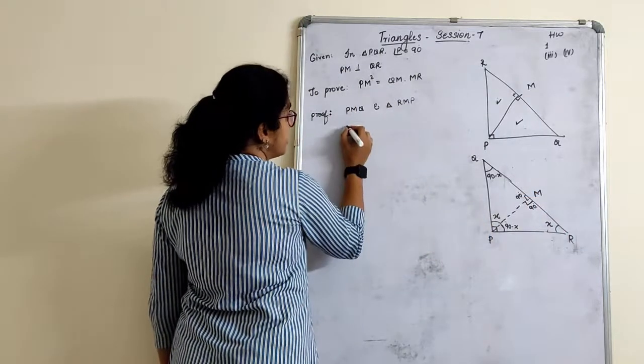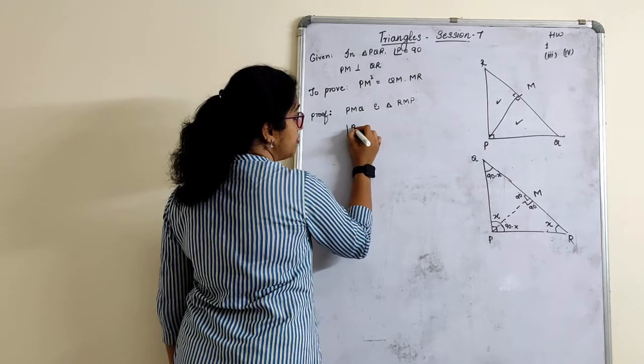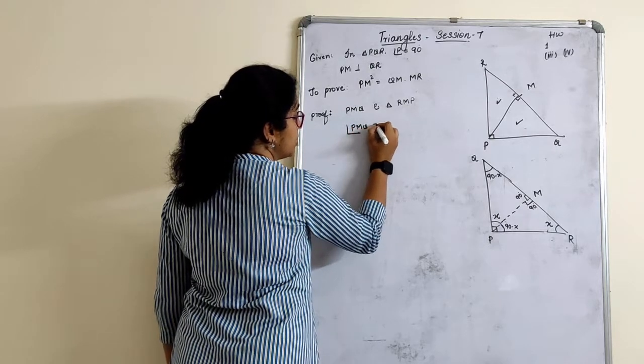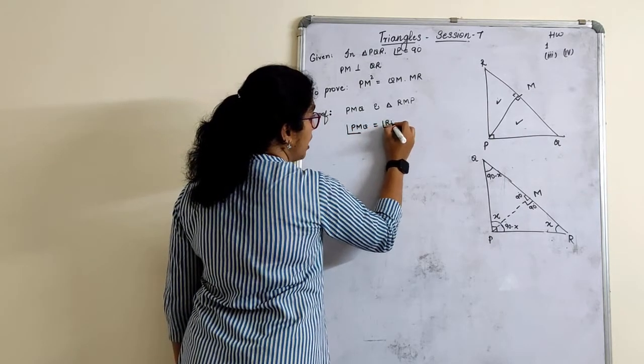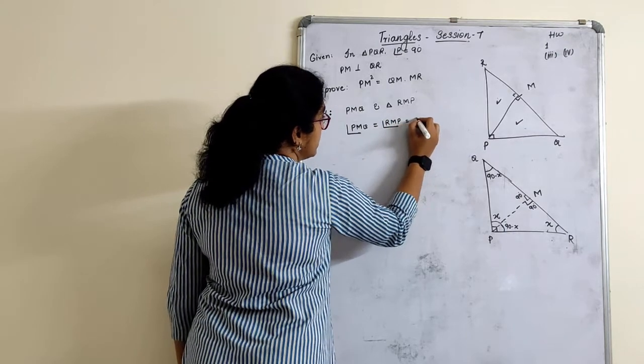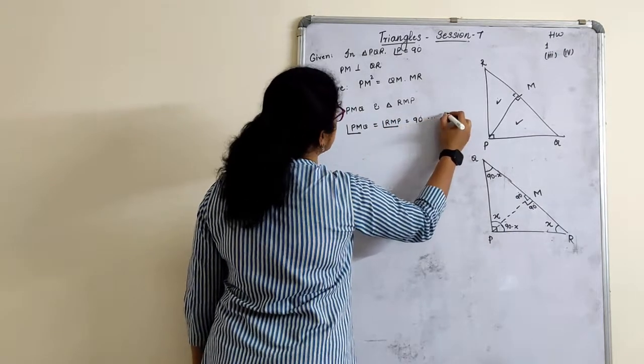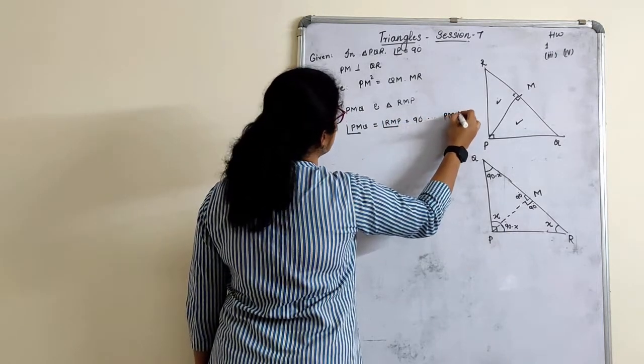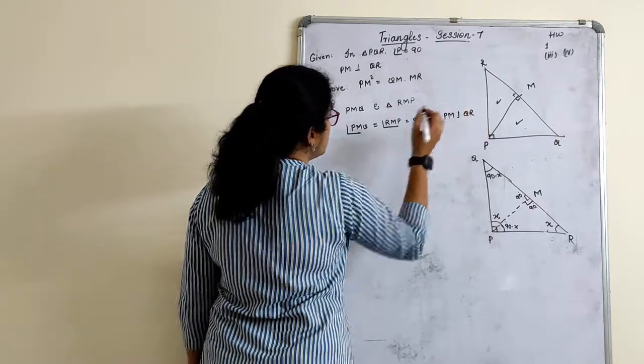So first of all, the 90 degree angle we will write. Angle PMQ is equal to angle RMP is equal to 90. Reason: PM perpendicular to QR.